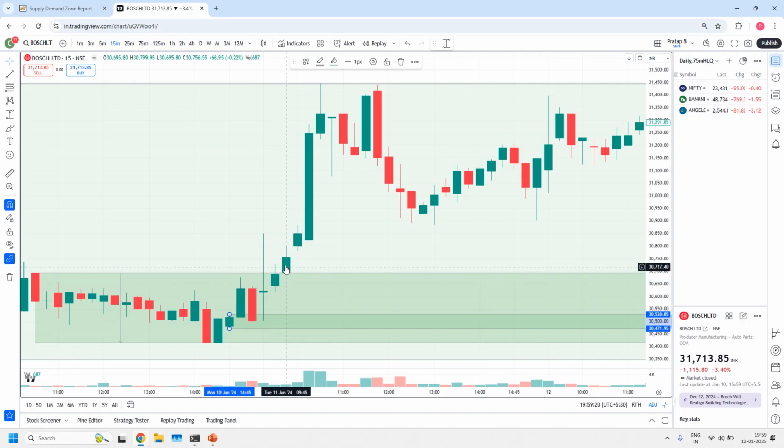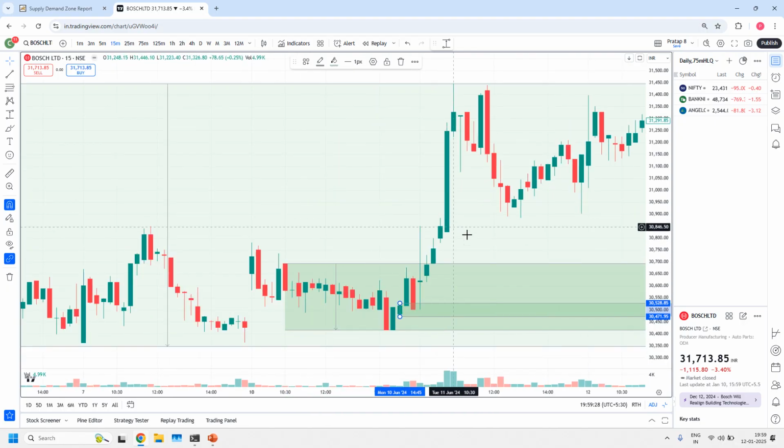You have a base, but here the leg out is not really there. If you are keeping everything, such kind of zones may not be good. This is not really a good rally candle, but this is an add, an add with hidden body. Again, this is a rally candle.